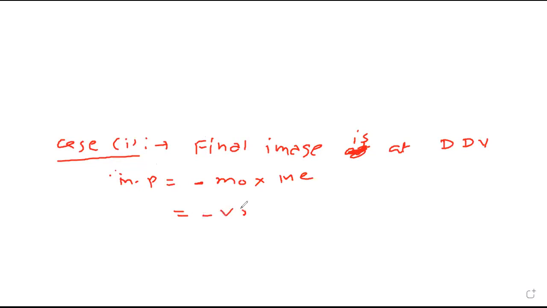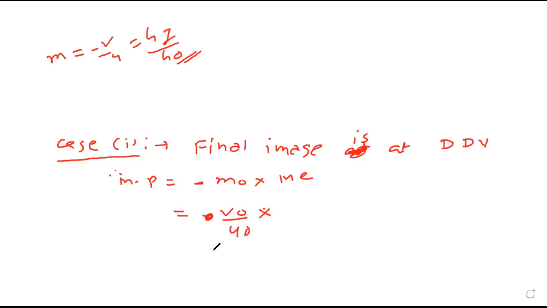It can also be written as V0 upon U0 in place of A1B1 upon AB, since the height of image to the height of object is V0 upon U0. What is linear magnification for a real image? Minus V upon U, which is height of image upon height of object. Okay, this much you followed?